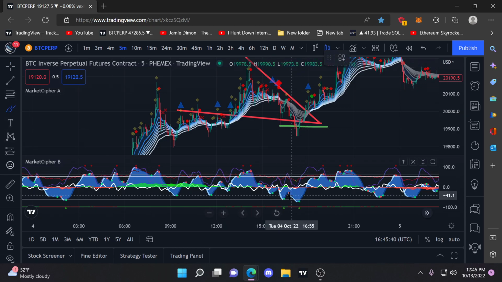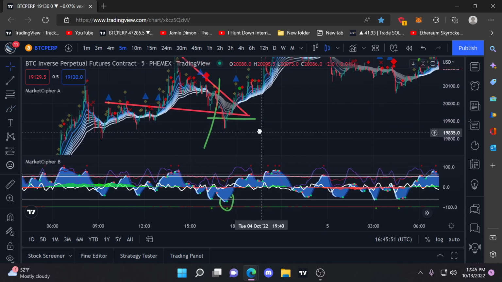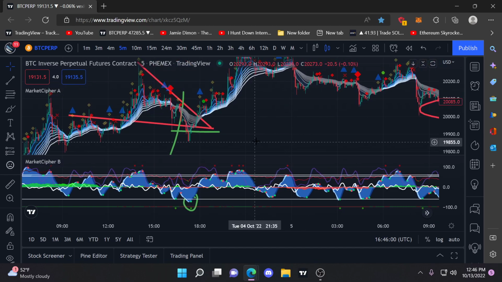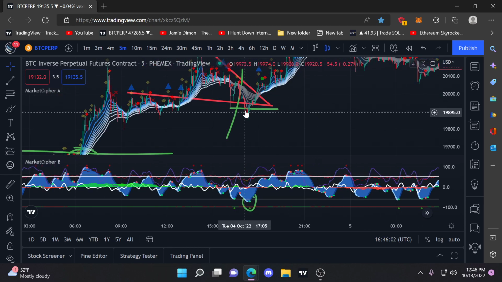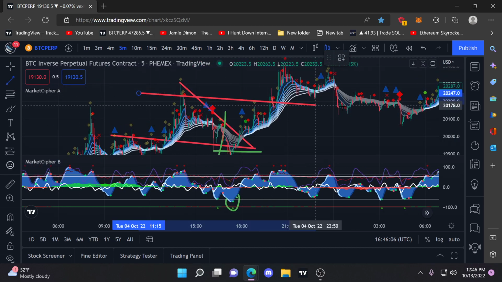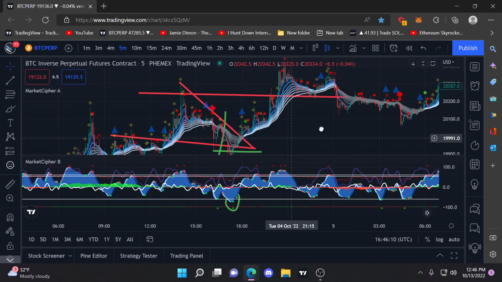Number one, because we're way oversold. We are over 75% through our triangle or wedge pattern. And the overall market is bullish. So why would I short in an overall bullish market? That makes no sense. So I would have taken a long here, and I would have taken profit right here. Simple as that. It's really that simple.